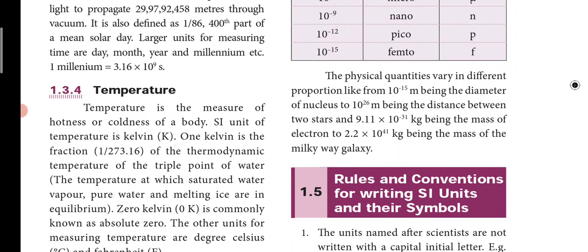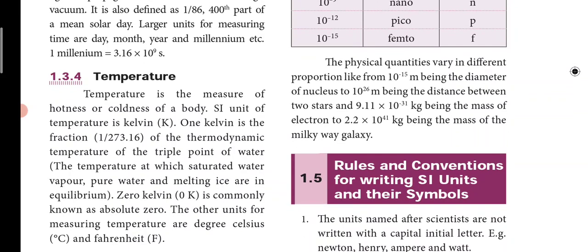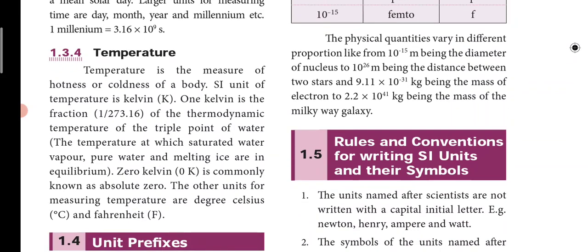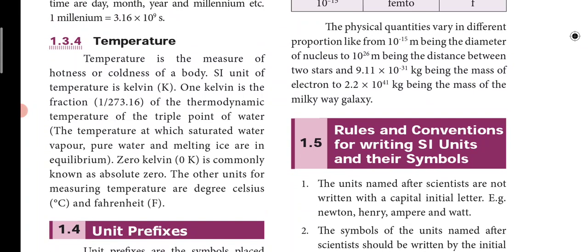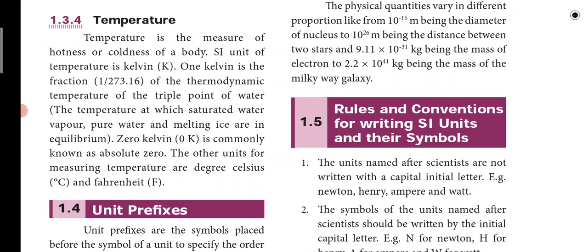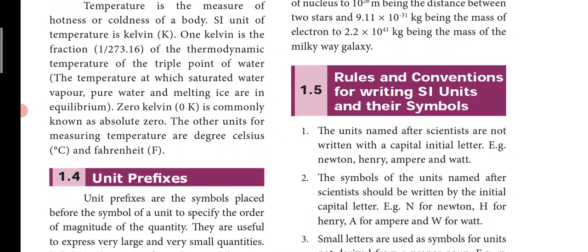And 2.2 into 10 power 41 kg means it is a big mass, which is the mass of the Milky Way galaxy. So we are able to express very minute particles which we cannot see through our naked eyes, and also the larger ones which we can calculate.